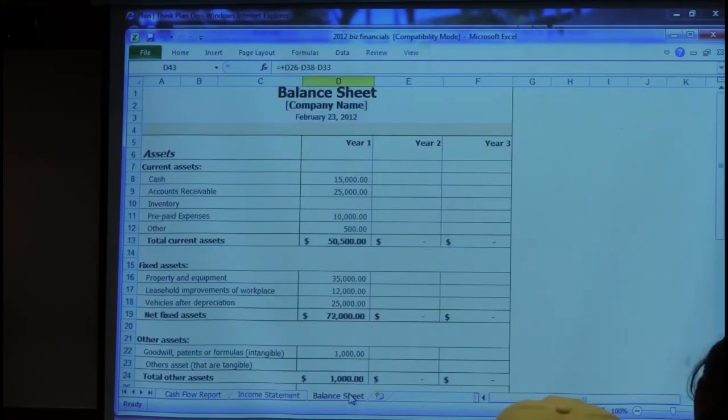Balance sheets. The balance sheet is kind of a still picture of your company at a point in time. How much cash do you have, how many accounts receivable you have. Does everyone know what accounts receivable are?